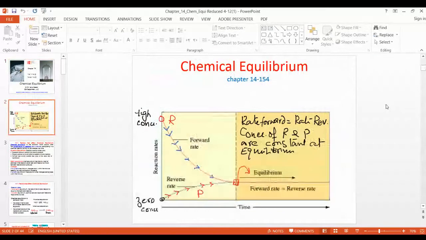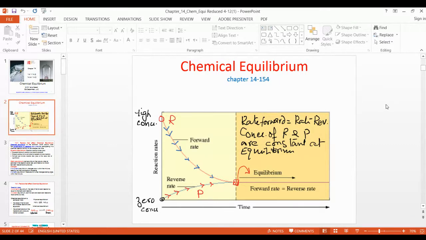So in equilibrium, you should know the static and dynamic equilibria. What is the forward reaction? What is the reverse reaction? And what is the equilibrium? How is the equilibrium formed? The equilibrium setup. And what is the difference between the forward and reverse reaction?